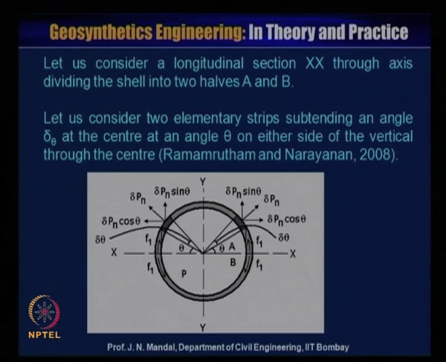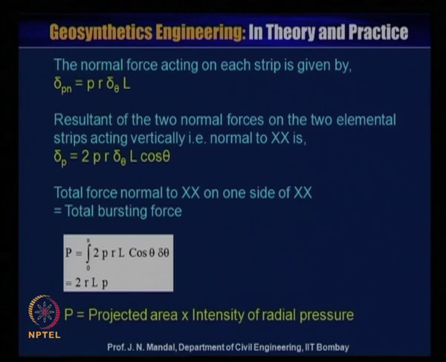This is from Ramamurthy and Narayan, 2008. So the normal force acting on each strip is given by delta Pn equal to p into R into delta theta into L, and the resultant of the two normal forces on the two elemental strips acting vertically, that is normal to XX, is delta P equal to 2 p R delta theta into L into cos theta.